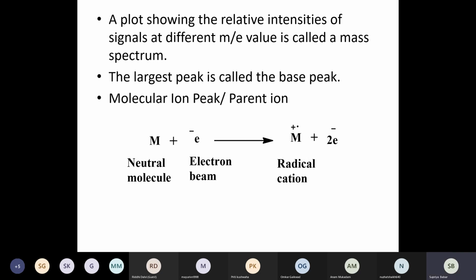during the formation of the molecular ion. The energy required to remove the electron depends on the type of the electron: the lone pair, then conjugated pi bonds, then non-conjugated pi bonds, then sigma bonds.